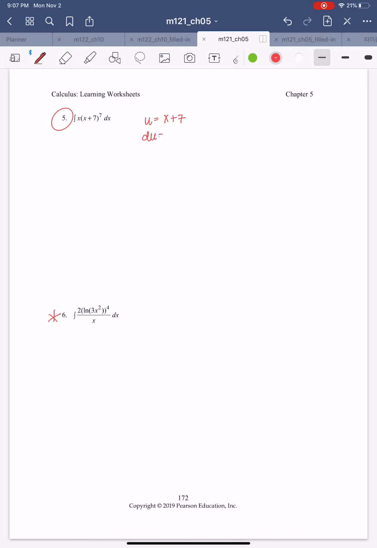My du will be very simple. It will be dx. Okay. Now here is something that I'm also going to show you.